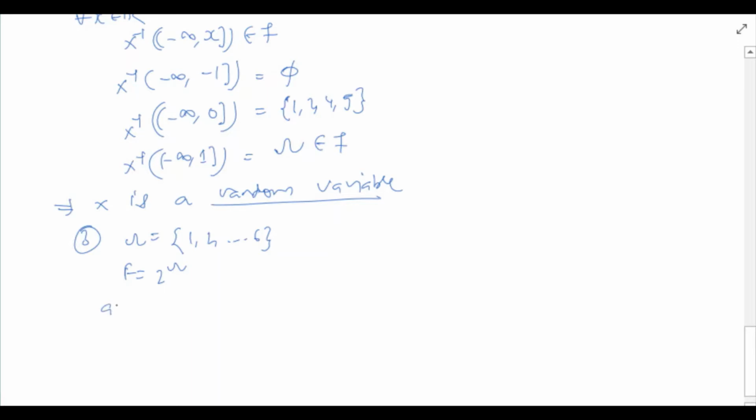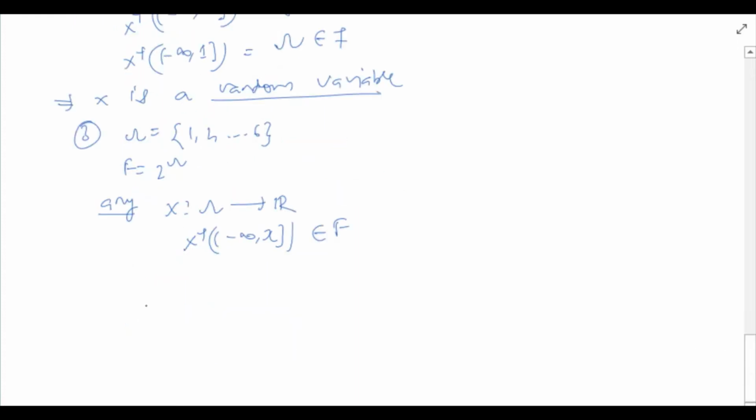In this case, if we consider any X from omega to R, since X inverse of (minus infinity, x], that is the pre-image, will certainly be a subset of omega, it is certainly an element of the event space. In this case, X is certainly a random variable. So we see that the same function from omega to R may or may not be a random variable depending on the event space.